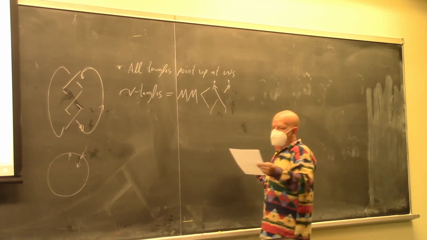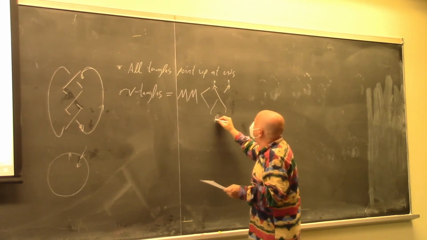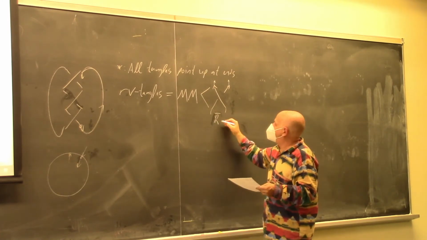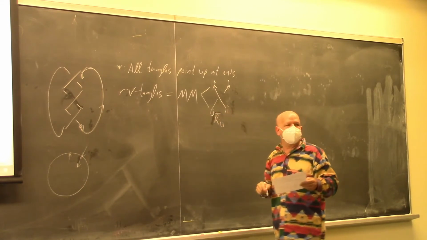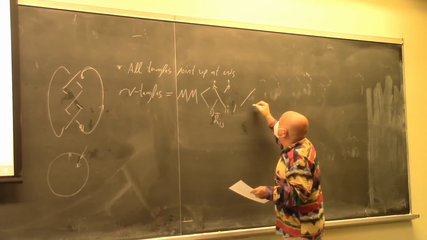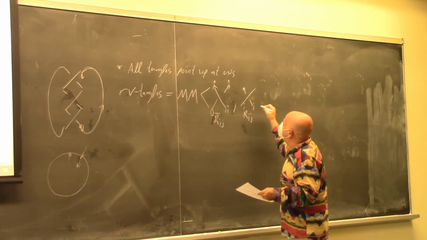There is this generator with the usual, in fact this is the inverse, so this is the negative crossing. I'll call it R bar ij, where i is the label of the upper strand and j is the label of the lower strand. The second generator is Rij with the same convention.